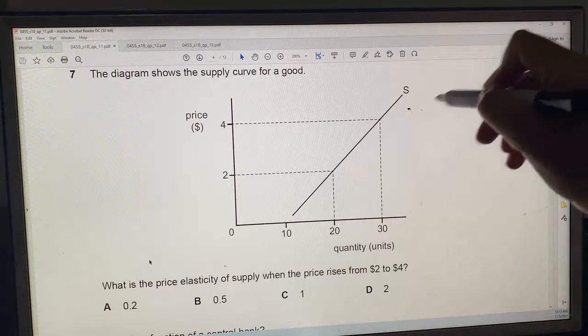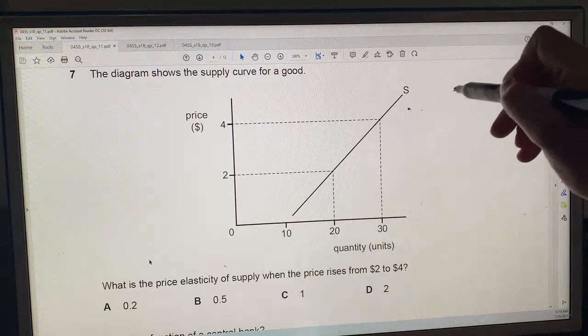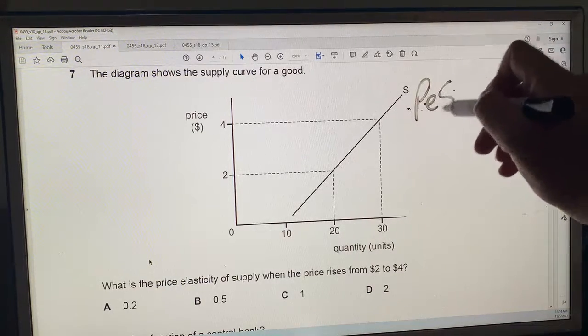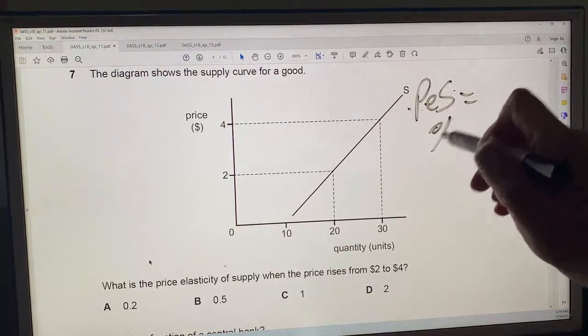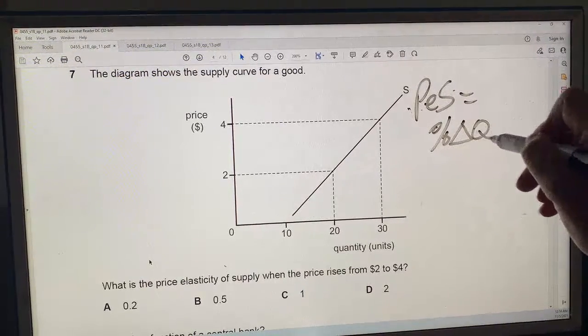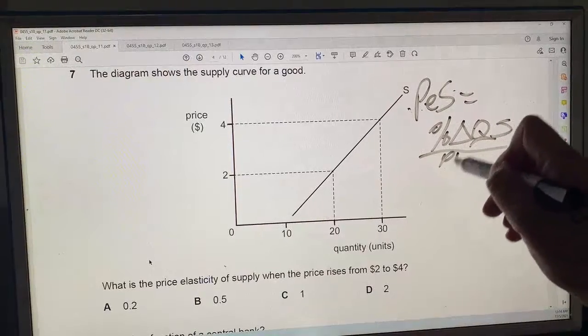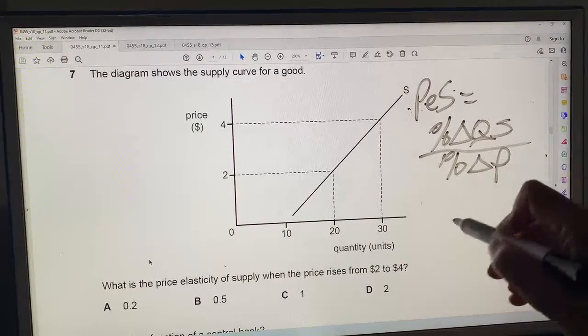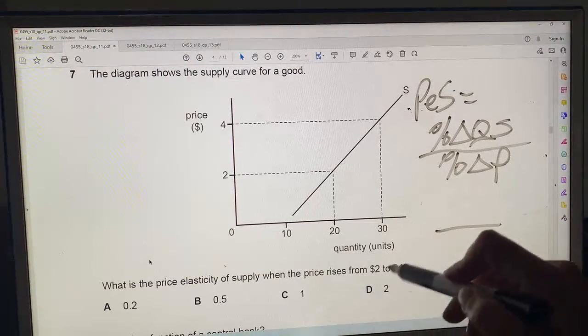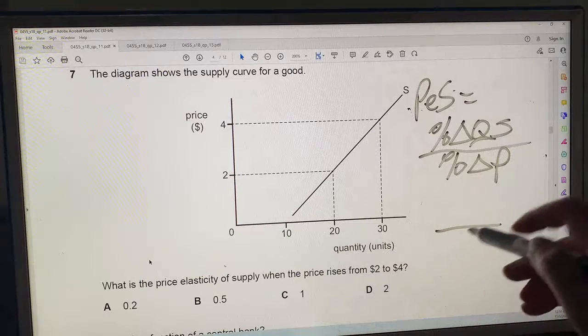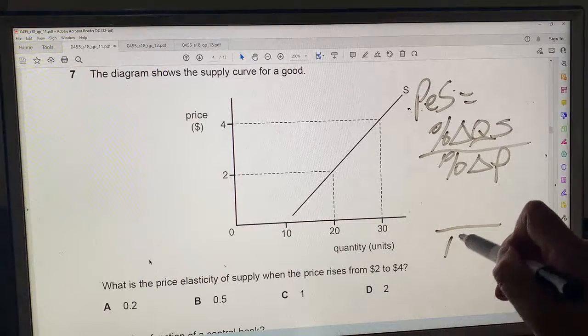Remember, it's price elasticity of supply. So PES equals percent change in quantity supplied divided by the percent change in price. And here the percent change in price is 100, right?